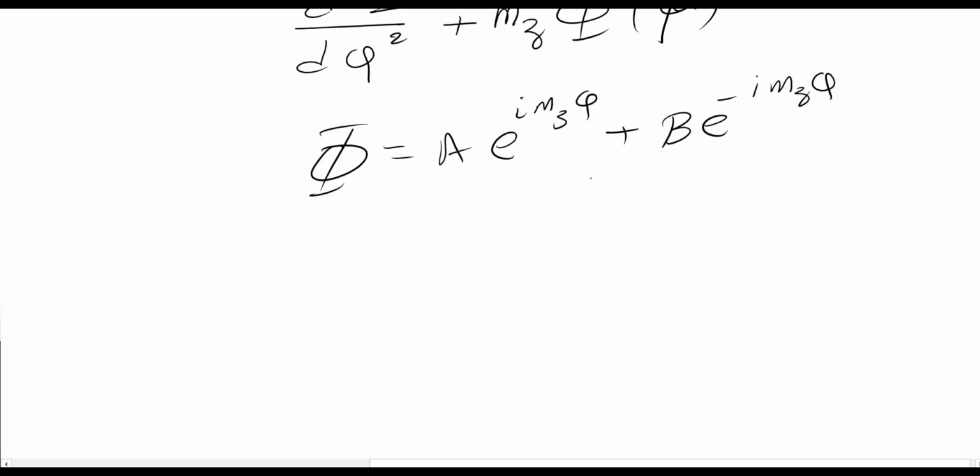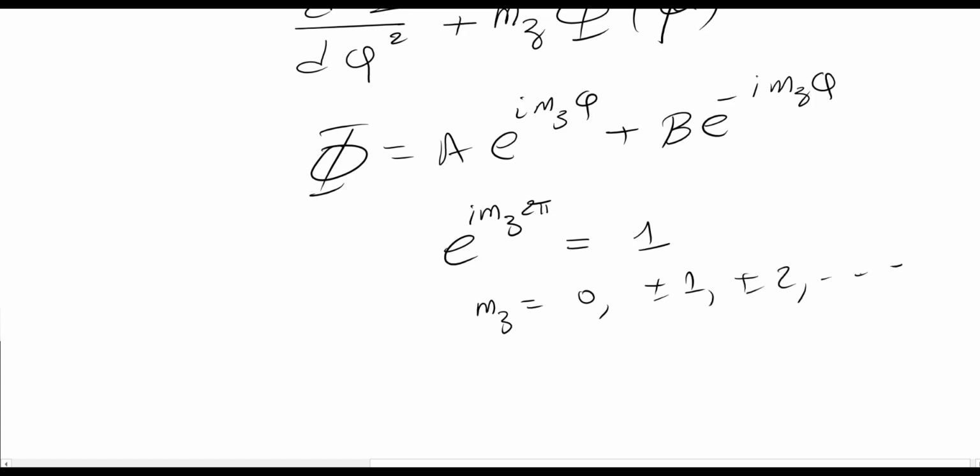In a sense, exponential of i m z times 2 pi must be equal to 1. So that means that m z can only be 0, plus or minus 1, plus or minus 2, and so on and so forth.